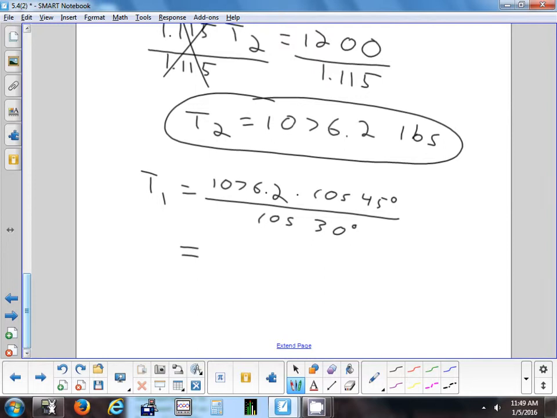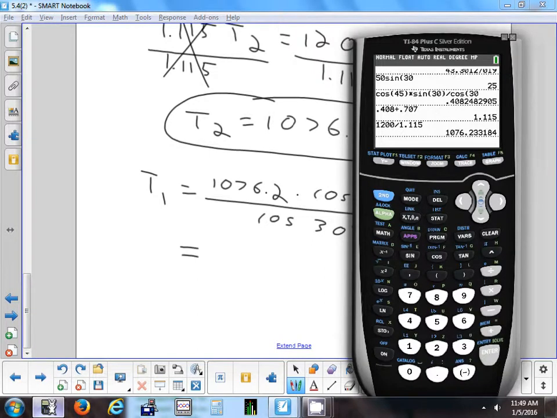Type that in, and then we'll have the tension in cable 1. What was the angle on the top? Cosine 45 divided by 30. Okay, so the tension in cable 1, 878.7 pounds.